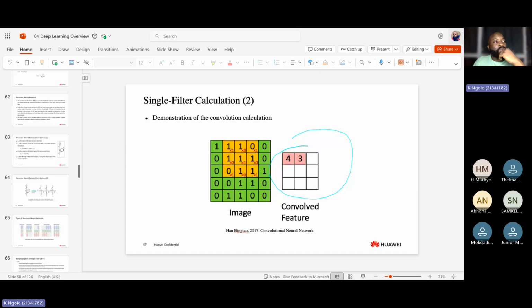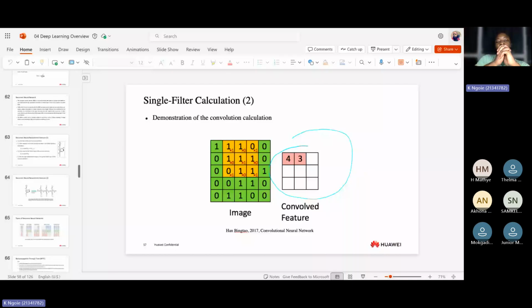What type of layers do we have in the neural network? We have a convolutional layer.